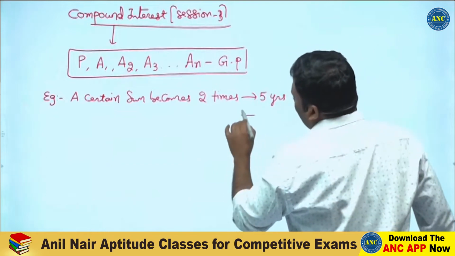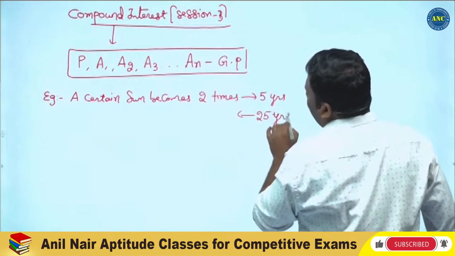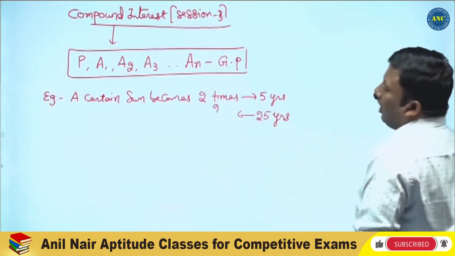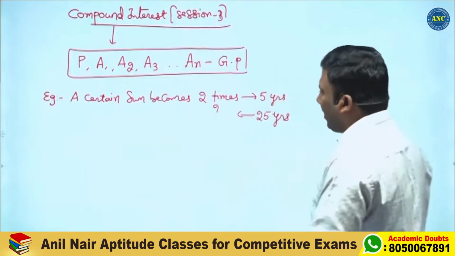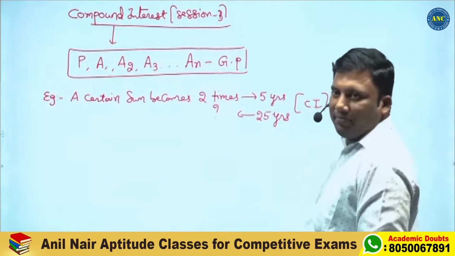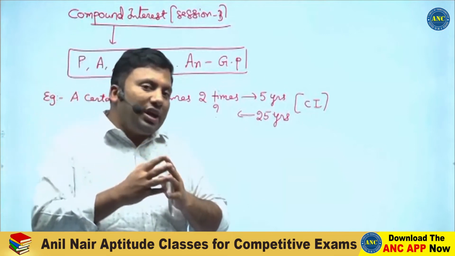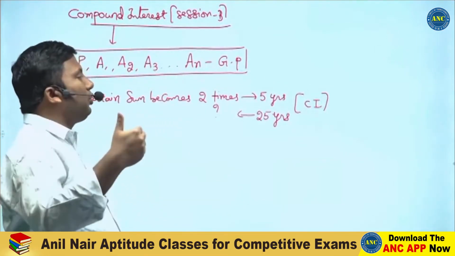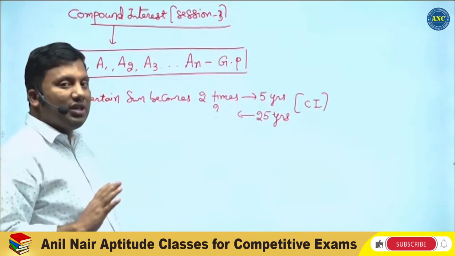In 25 years, how many times will it become under compound interest? For every 5 years, the principal will become two times the principal.